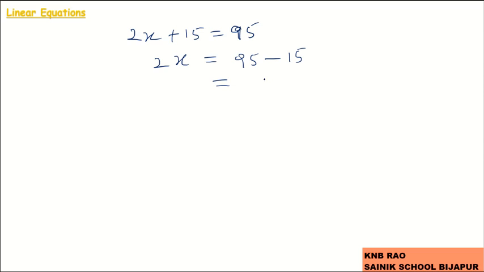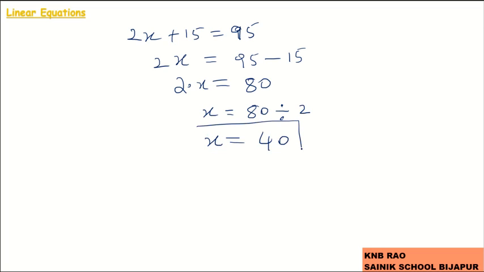So, 95 minus 15 gives you 80. So, 2x equals 80. Here 2 is a multiplicand to the variable x. When it is transposed to the right hand side, it becomes divisor. So, 80 divided by 2 gives you 40. Therefore, the value of x is 40.